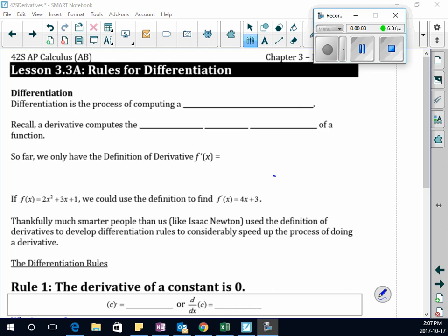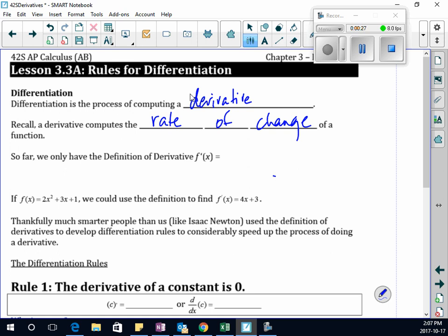So differentiation is the process of computing a derivative. Recall, a derivative computes the... 3 words. What am I looking for? Not slope, but rate of change. That's right, ROC.